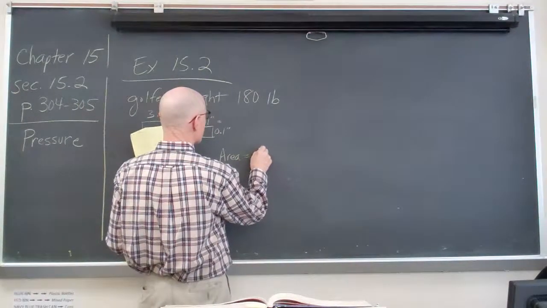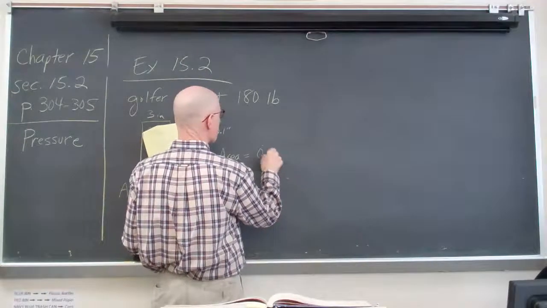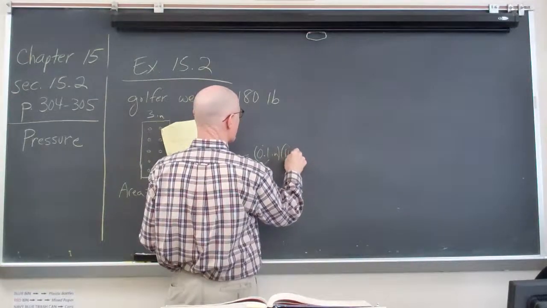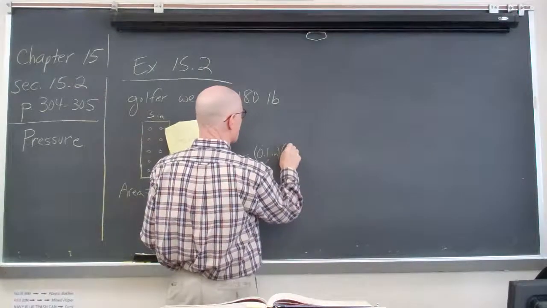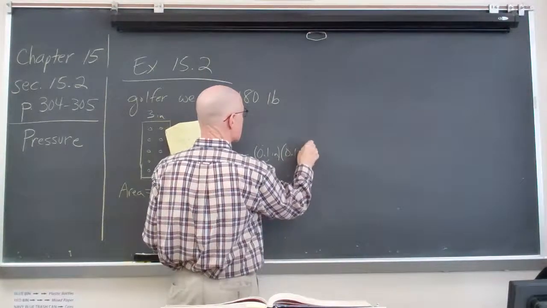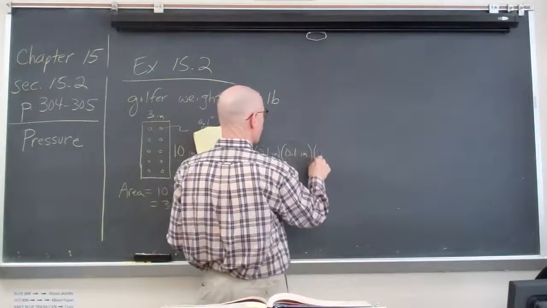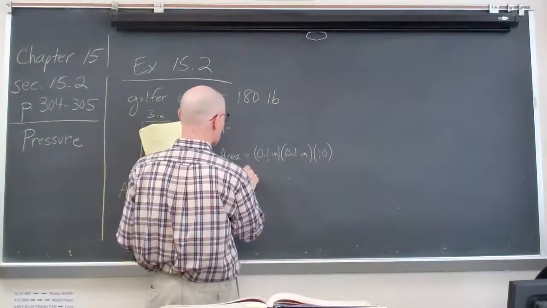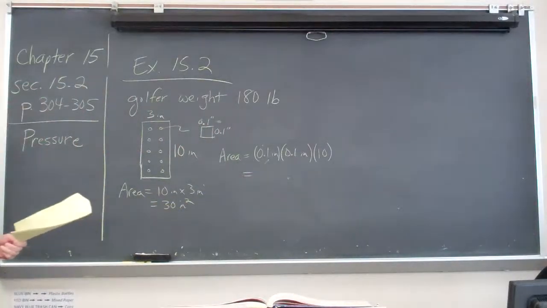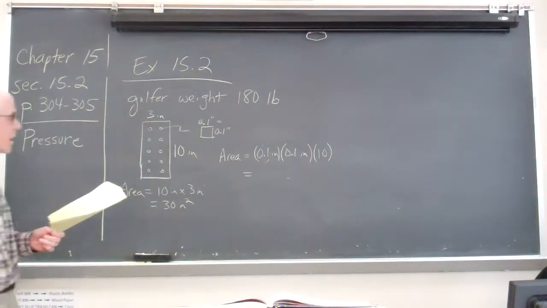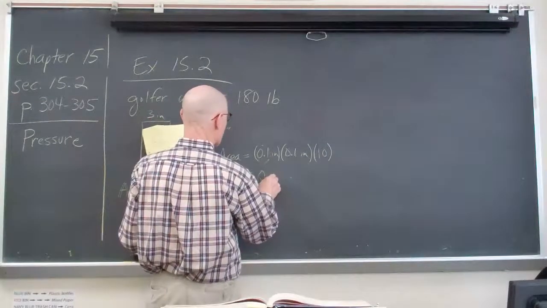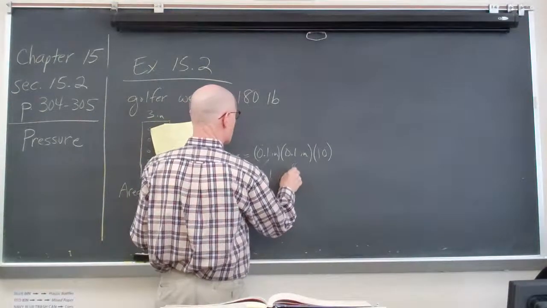Each cleat would be 1/10 of an inch times 1/10 of an inch, length times width, and then you also have 10 cleats. So the total area of the cleats then would be 1/10 of a square inch.